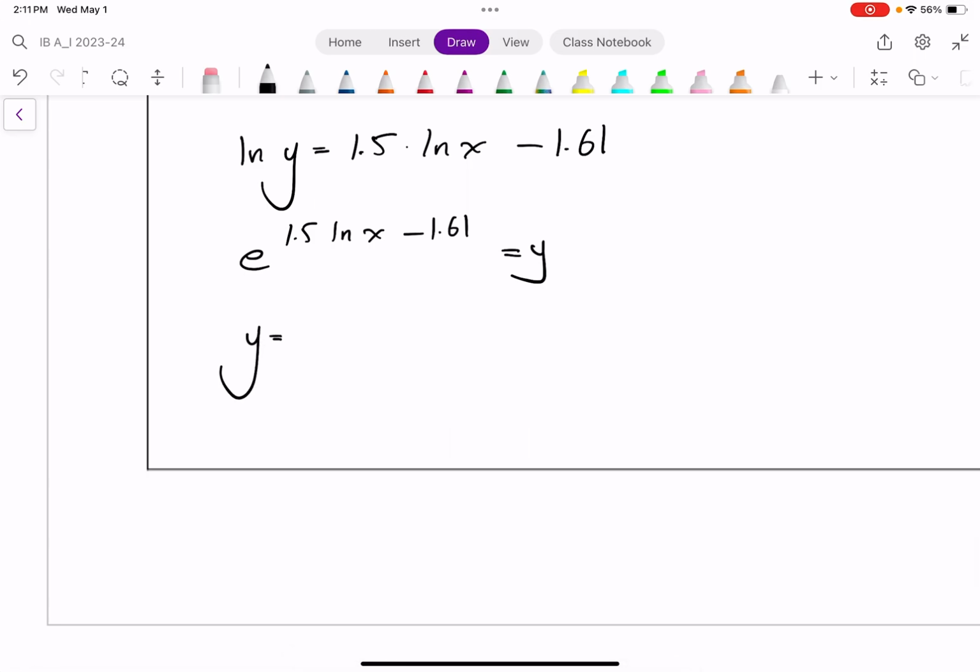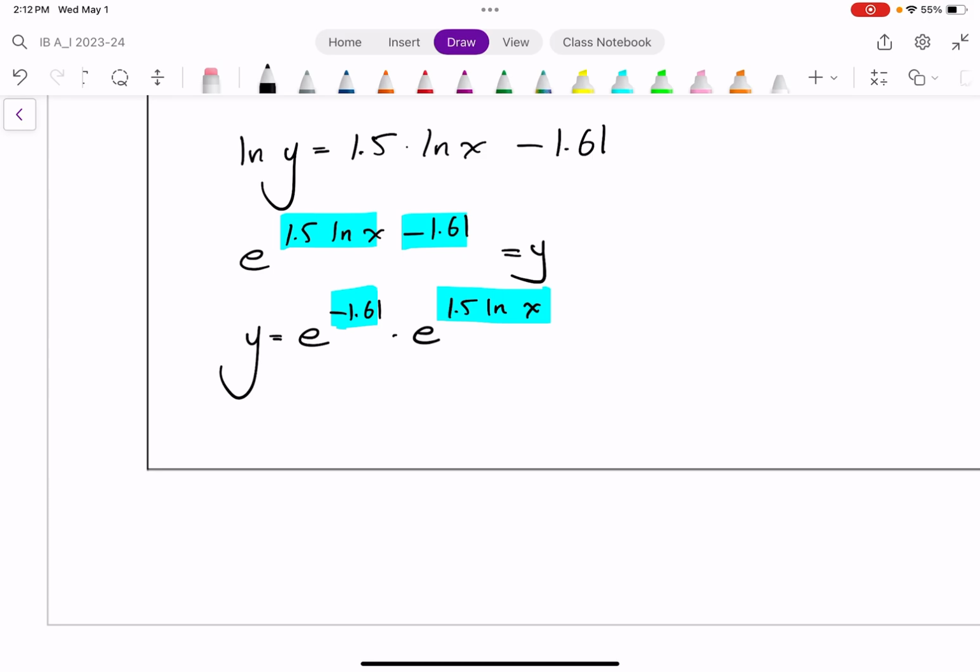I'm going to write this as e to the negative 1.61 times e to the 1.5 times the ln of x. I'm just taking these parts and breaking them up into two separate powers being multiplied, putting the e to the power of negative 1.61 first because it is a constant.